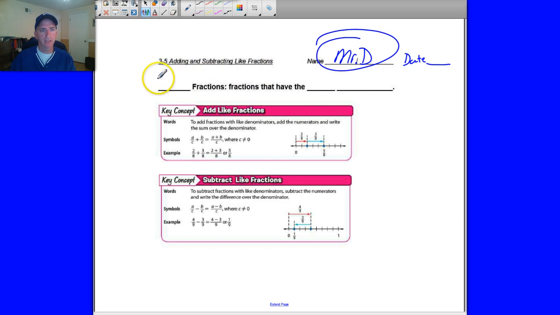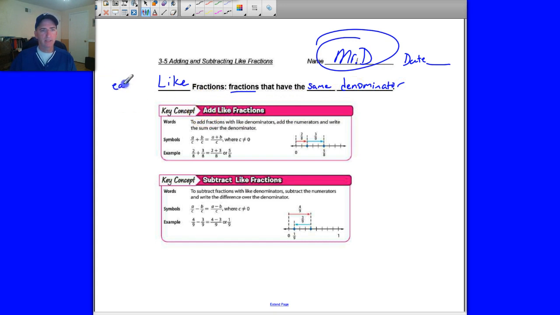We're going to talk about like fractions. Like fractions are fractions that have the same denominator. Okay, well, these are the easy ones.